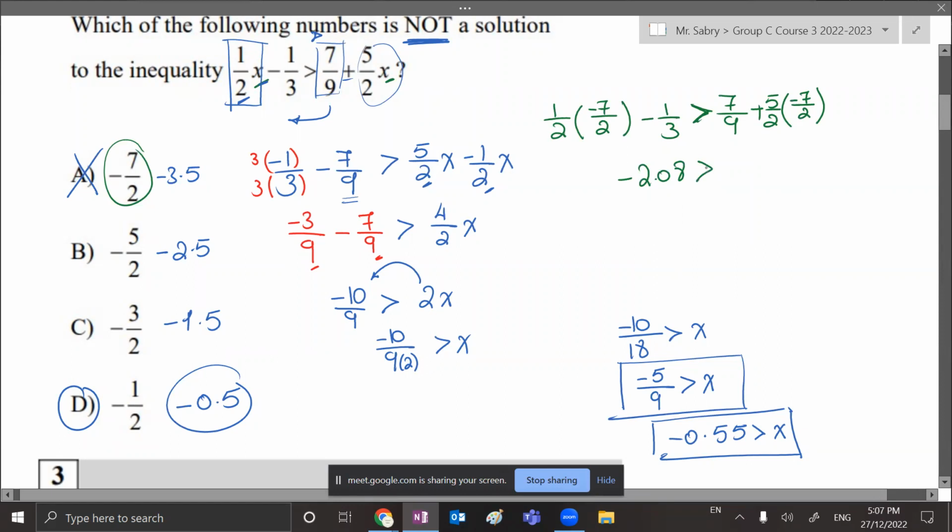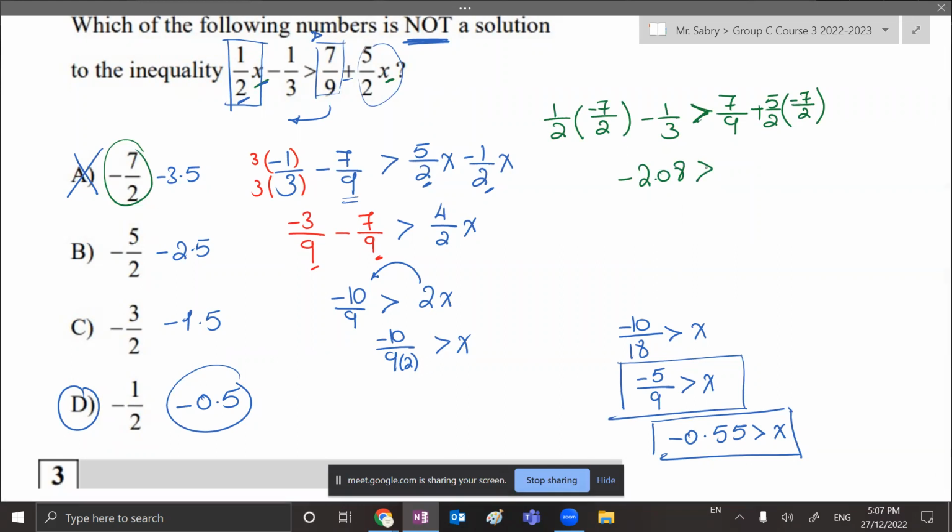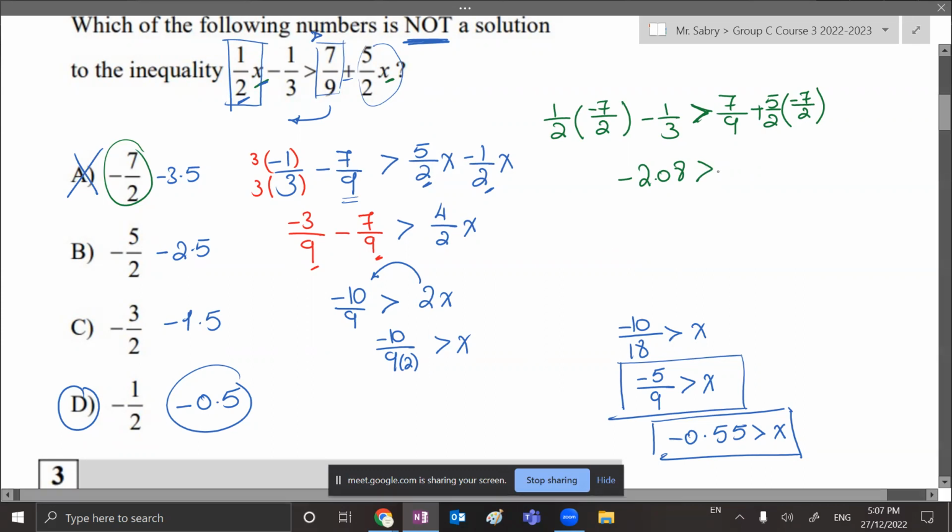Now the other side, 7 over 9 plus 5 over 2 times -7 over 2. That's -7.97. Now, is it true that -2 is bigger than -7? Yes, it's true. So this is in the solution. So this could be a solution.